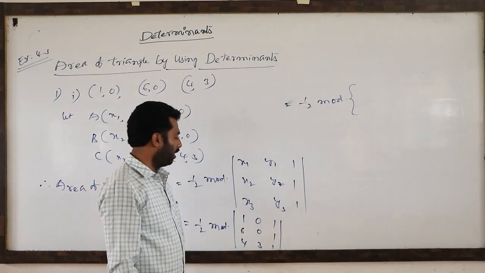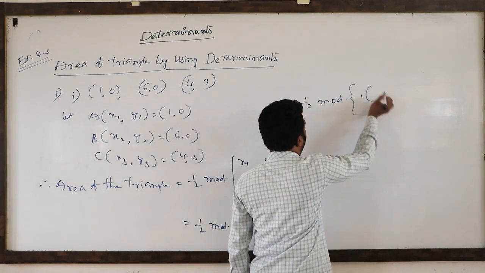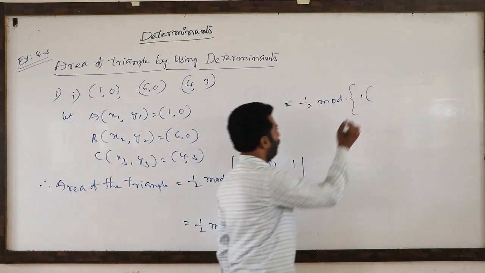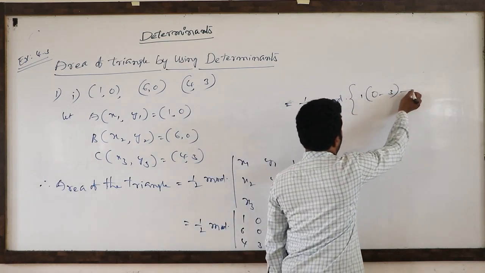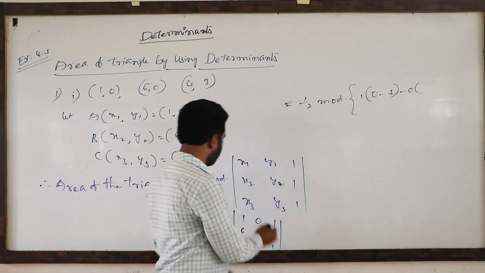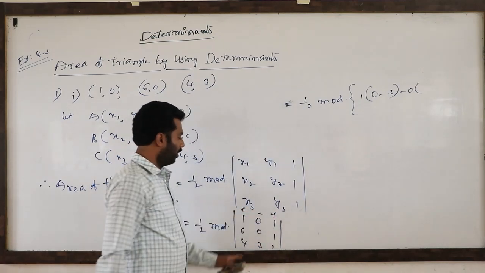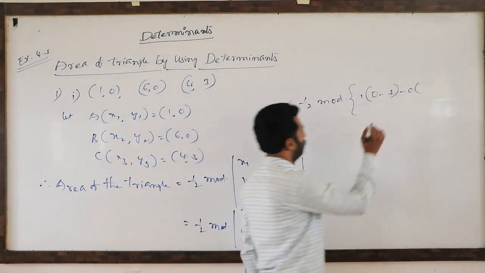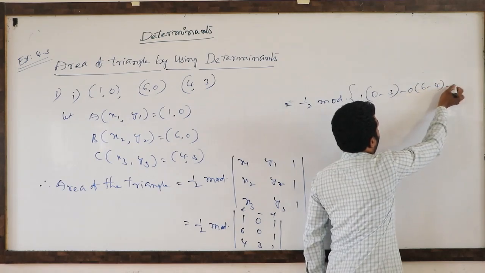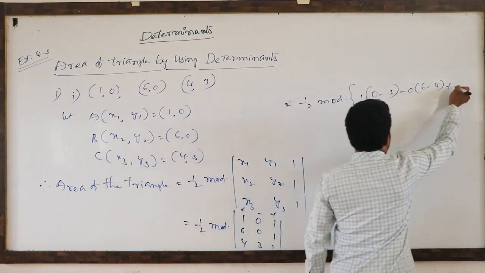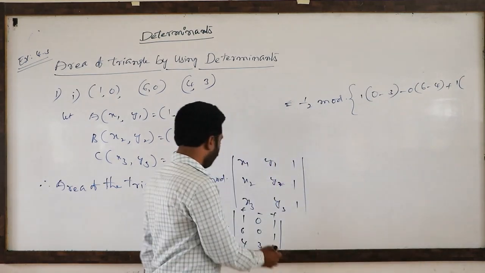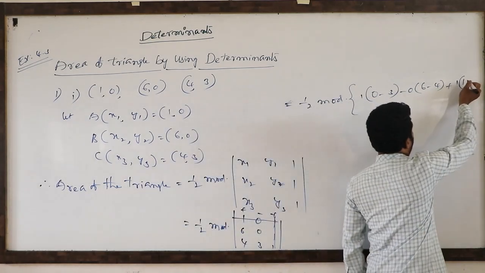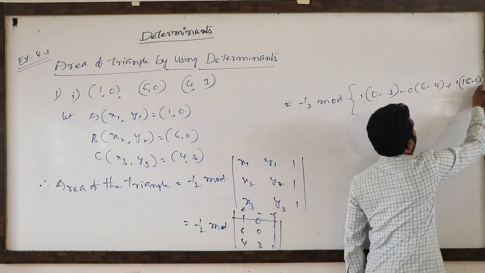We are expanding along the first row: 1 into, if I close this row and this column, this is 0 minus 3, that is minus 3. Minus 0 into, the signs are plus, minus, plus, if I close this column and this row, 6 minus 4. Plus 1 into, if I close this column and this row, 18 minus 0.